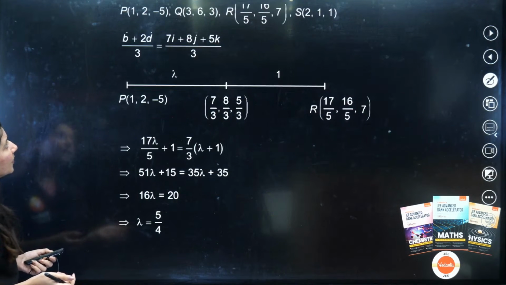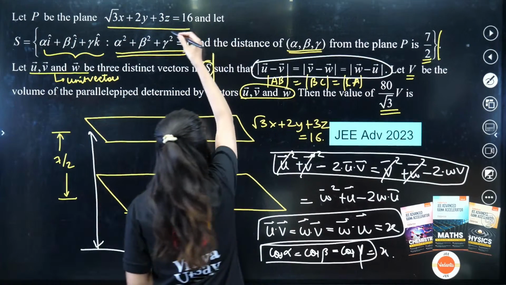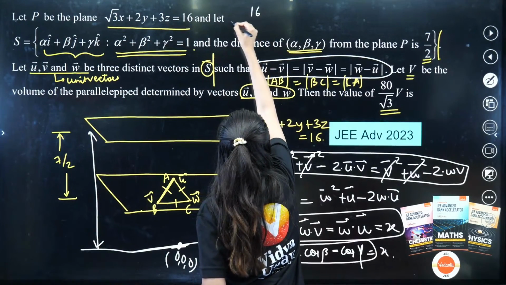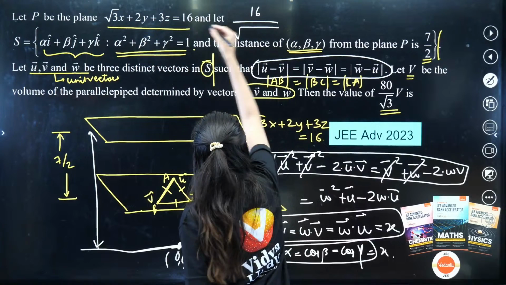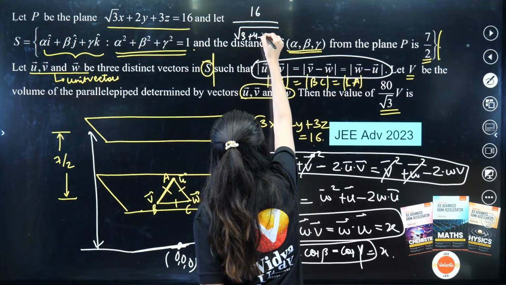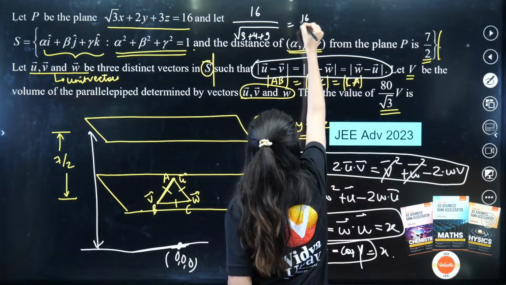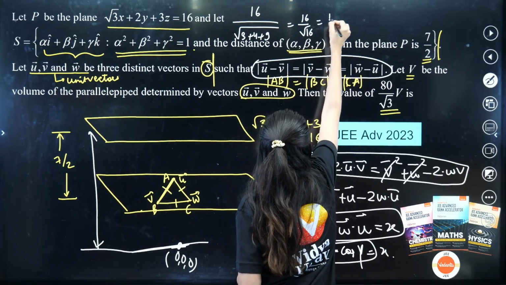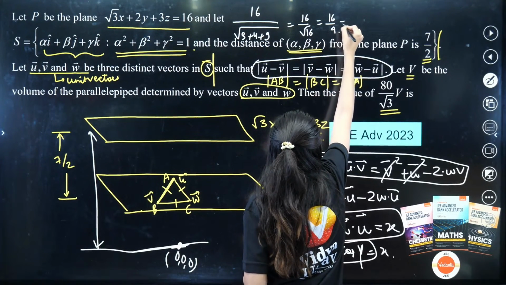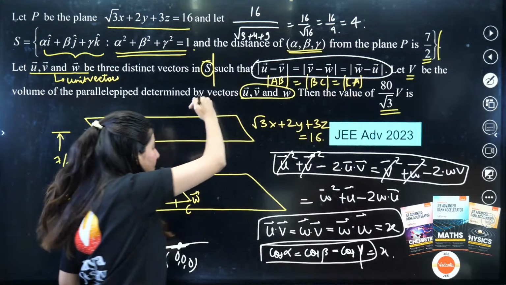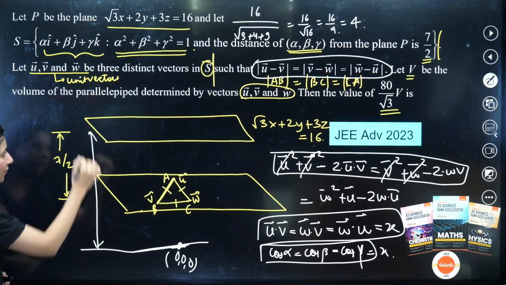The moment you put 0, 0, 0 in this, distance is 16 upon square root of 3 plus 4 plus 9. So 16 by root 16 is going to give you 16 by 4. So 4 is the distance of this plane from the origin.